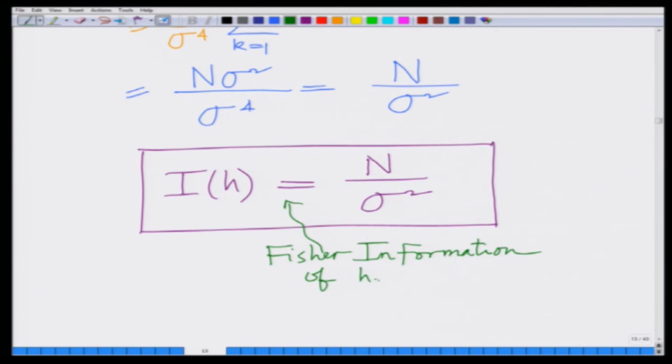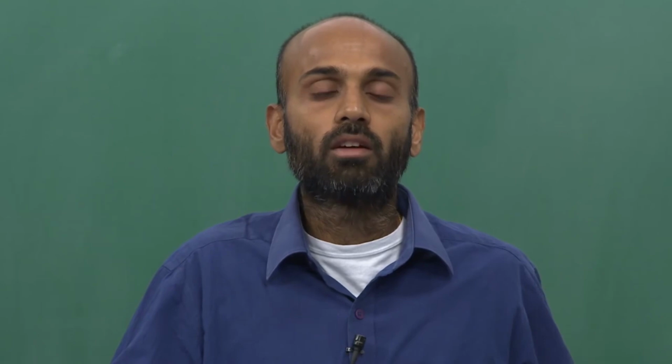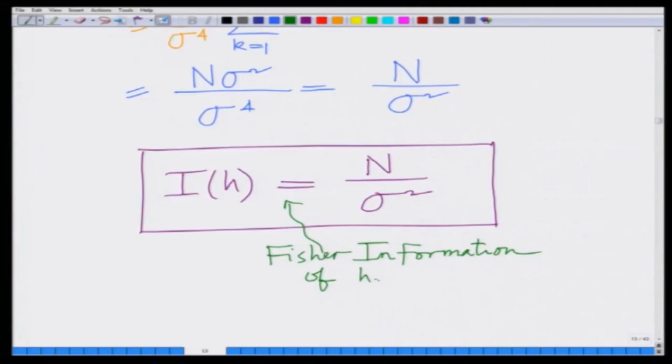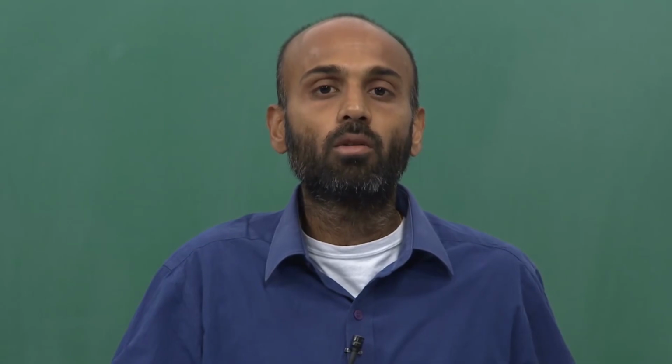So, for this wireless sensor network example, one of the first examples that we have seen in the context of maximum likelihood estimation, we have derived an expression for the Fisher information I of h, equal to n divided by sigma square, where n is the number of observations and sigma square is the variance of each of the IID Gaussian noise samples. This Fisher information is nothing but the expected value of the square of the derivative of the log likelihood function of the parameter h.